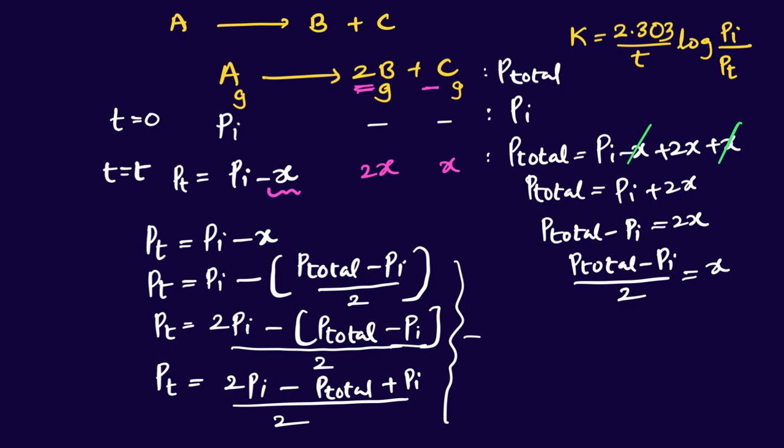Now P at T time is equal to this 2Pi and this Pi, total 3Pi minus P total divided by 2.